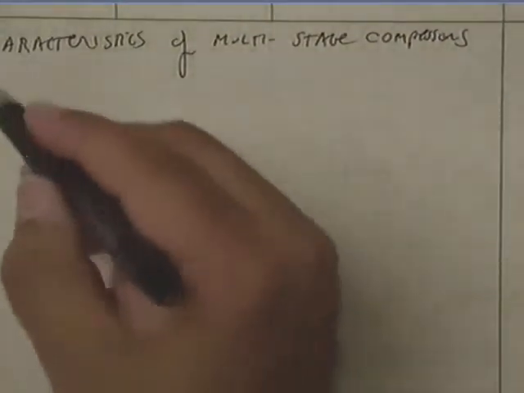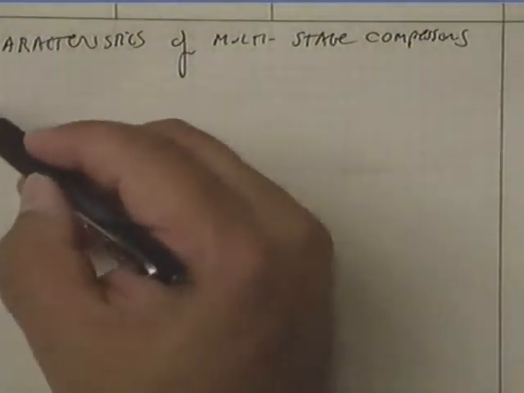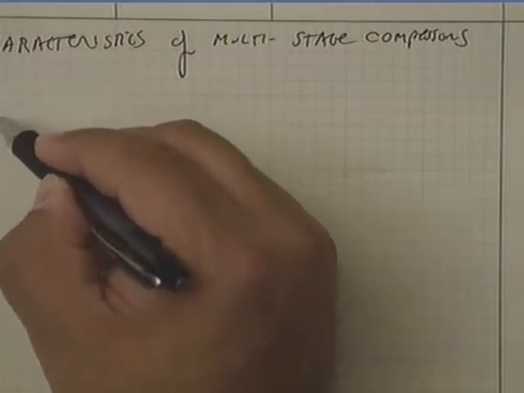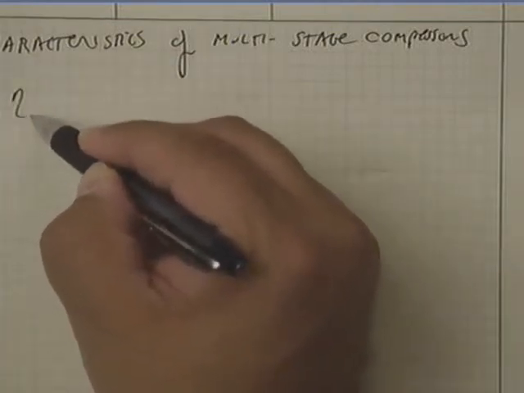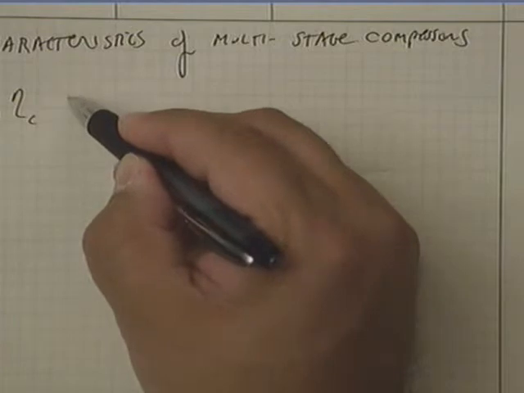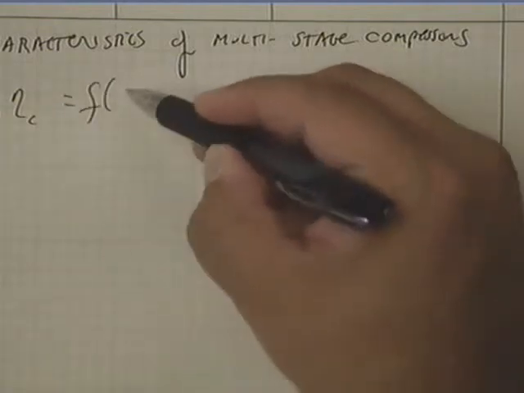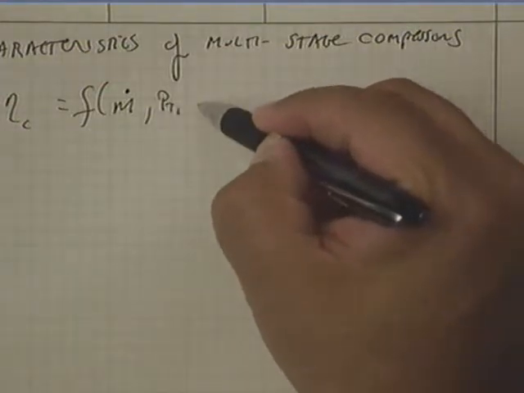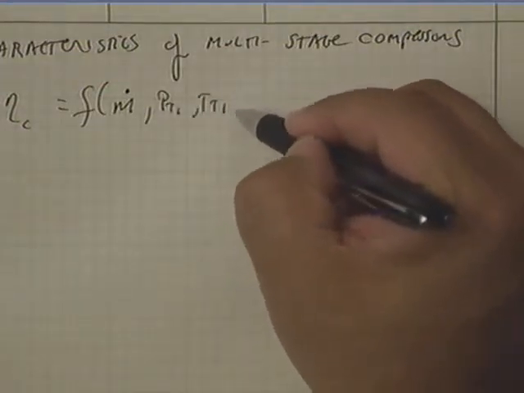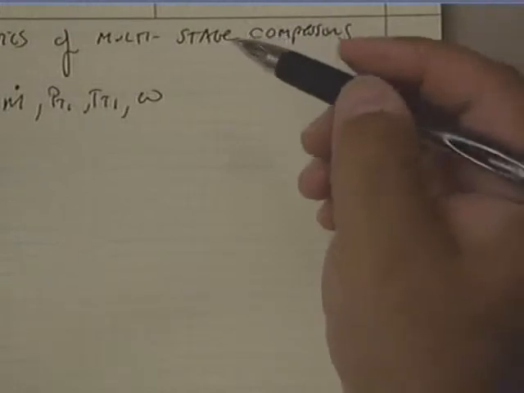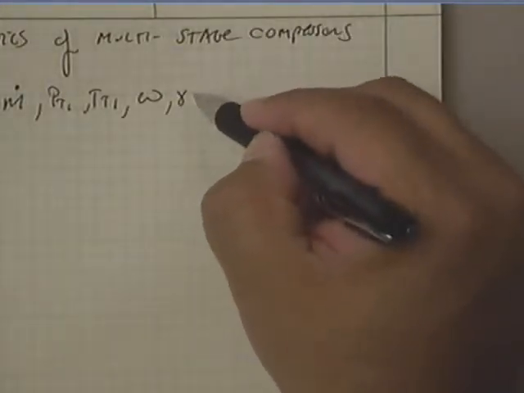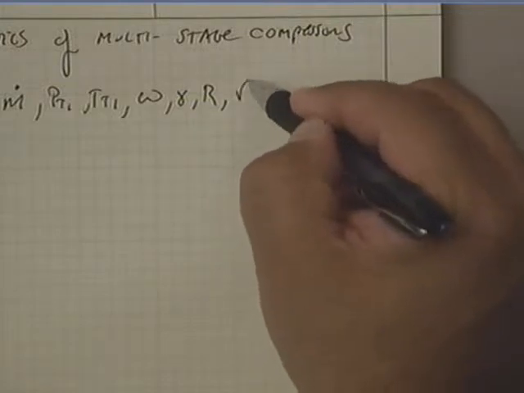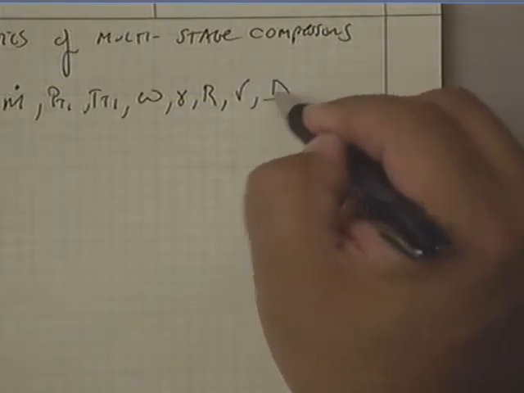So you can do the usual Buckingham Pi dimensional analysis, and if you look at total pressure and efficiency of the compressor, they're going to be functions of the mass flow, the inlet total pressure, the inlet total temperature, the rotational velocity, gamma, gas constant R, the viscosity, and the diameter.